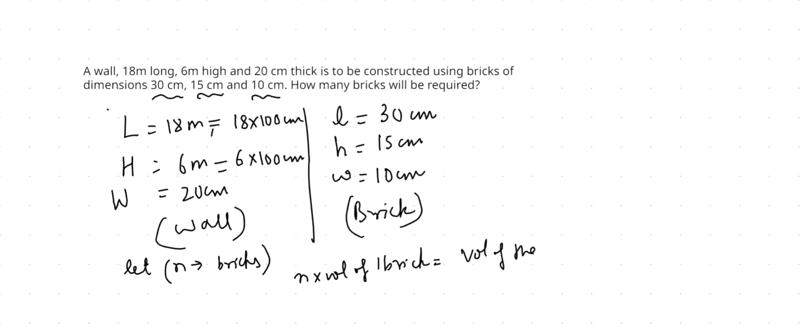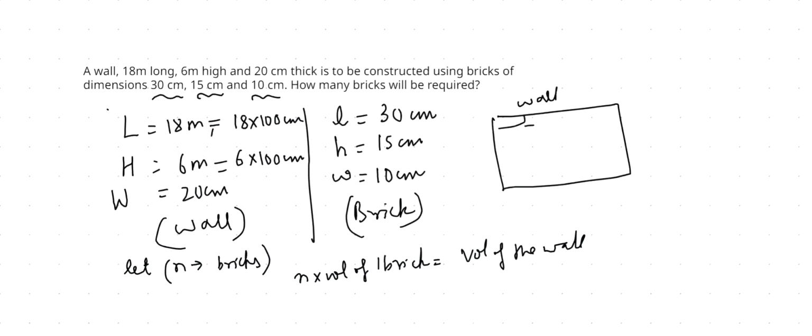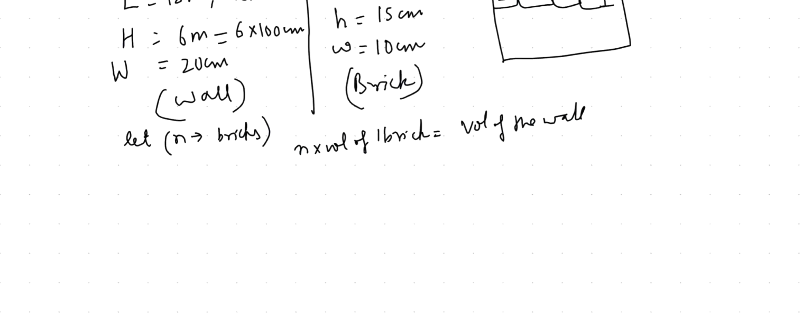I'm just drawing a rough sketch. This is the wall, and the wall has to be covered by bricks like this. So in other words, n will be the volume of the wall divided by the volume of one brick.